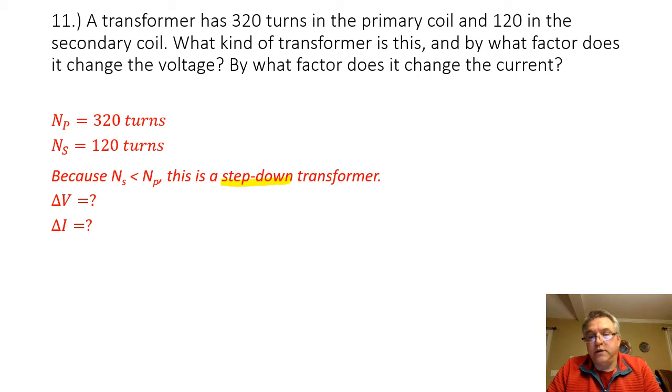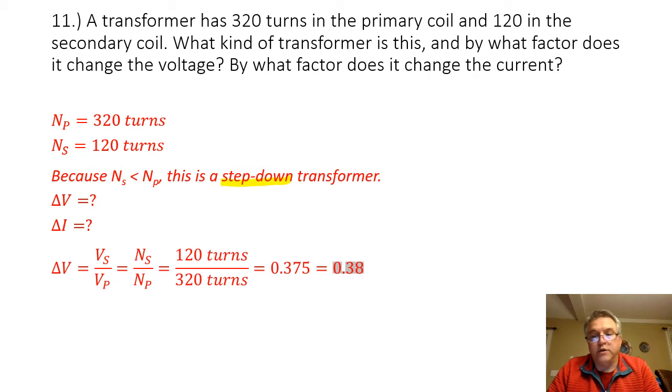For the change in the voltage, I'm going to use my transformer equation with voltage in it. And note in this equation that the secondary value for the voltage is in my numerator, and the secondary value for the number of turns is also in the numerator. And then in the denominator, we have the primary values for each one. So there's a direct proportionality to this.